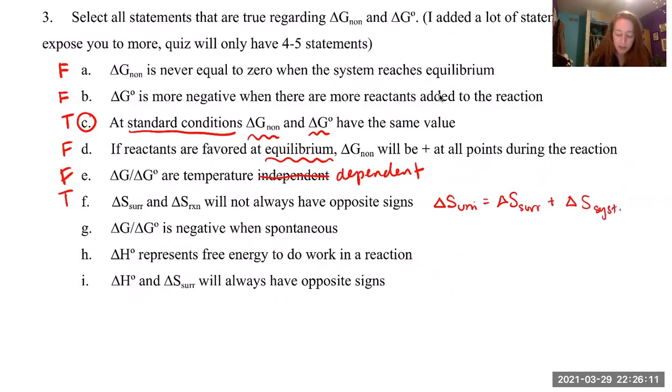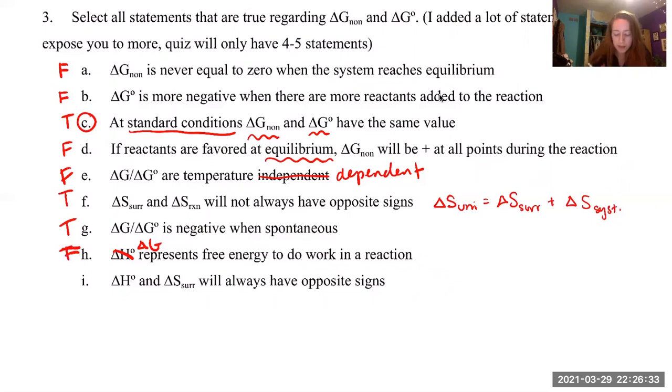The next one is saying delta G or delta G standard is negative when spontaneous, and that is always true. The next one is saying enthalpy represents free energy to do work in a reaction, and this is actually false. Only delta G can tell us this, okay? False.